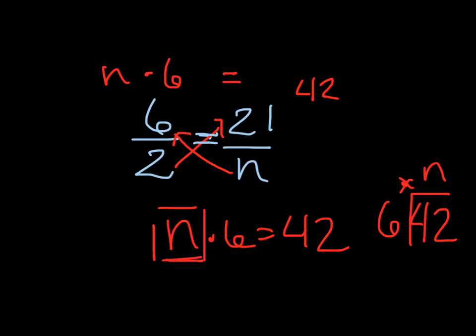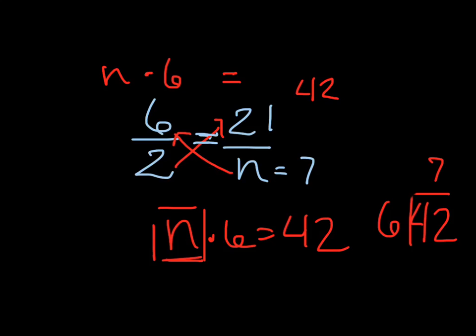Those are our factors. I'll leave you to figure that out, but that's how you would set up the problem. And again, it should come out to be the same. n should come out to be 7. And it does. So again, we find out that n equals 7.